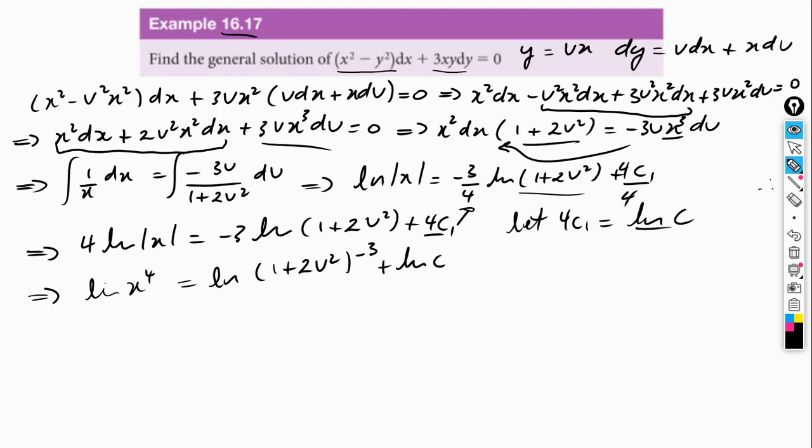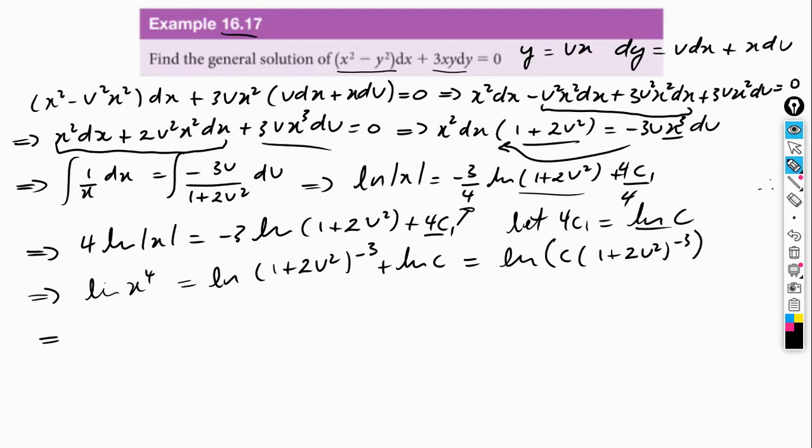But this expression on the right-hand side is equal to the natural logarithm of c times (1 plus 2v squared) to the minus 3.